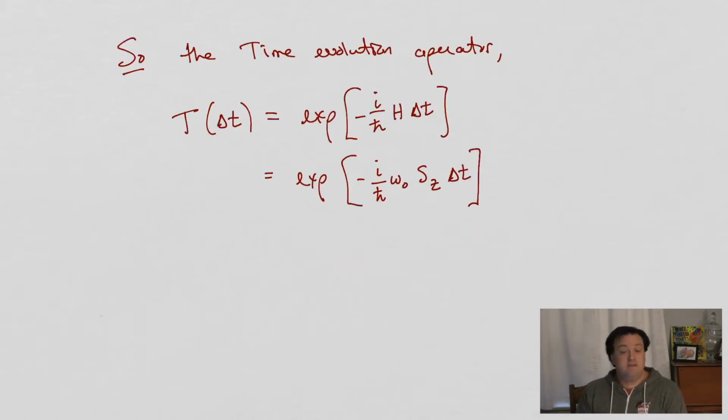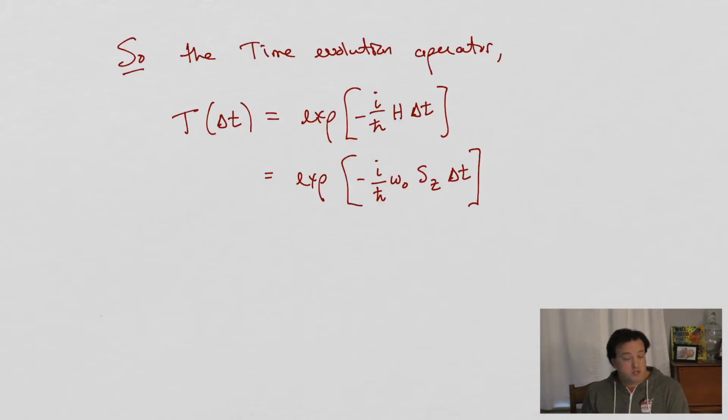So if I have this Hamiltonian, I have to use that Hamiltonian to generate the time evolution operator, which means plugging in what I had on the previous slide into the expression for the time evolution operator, where I'm going to allow the state to go forward by some amount of time that I'm going to call delta t.